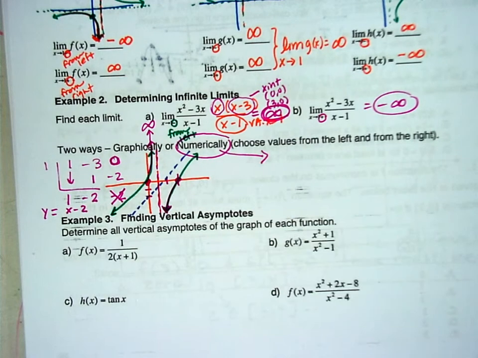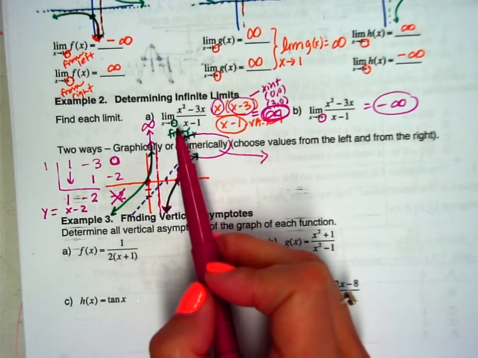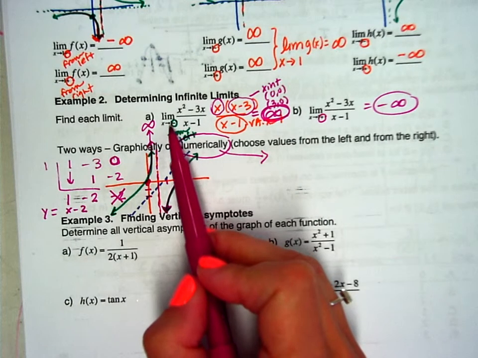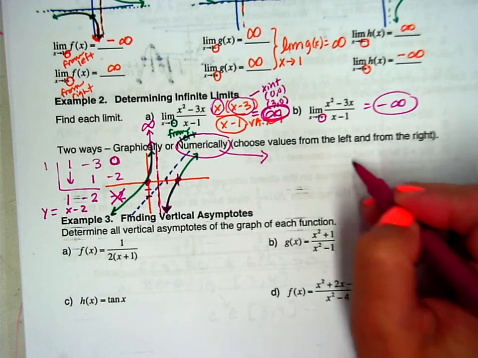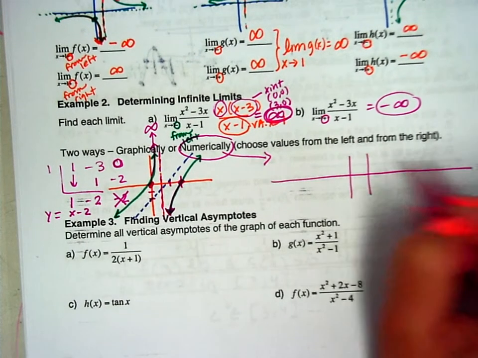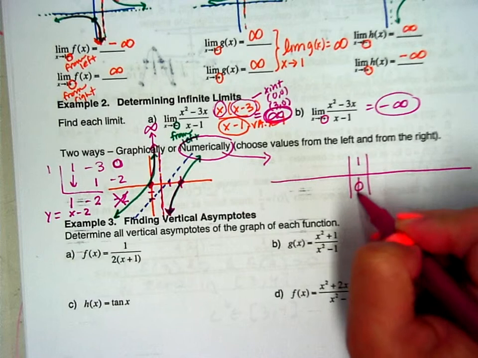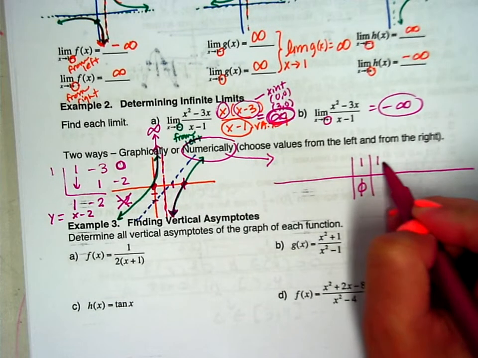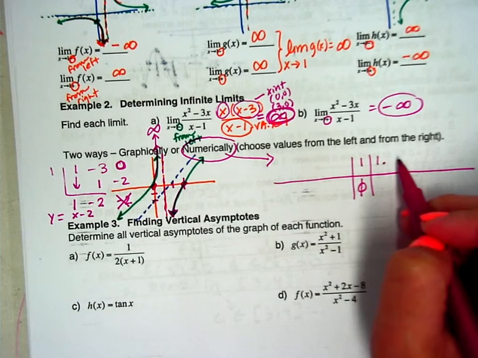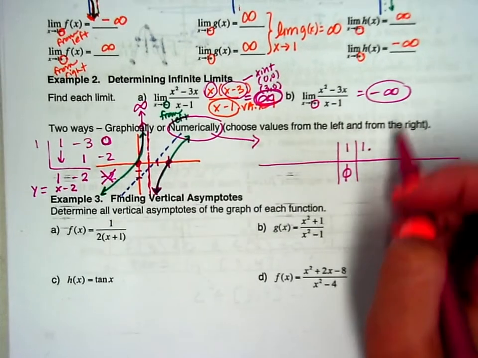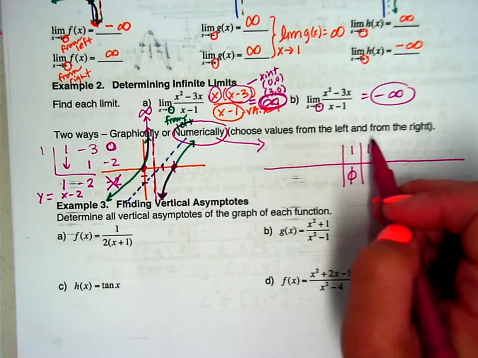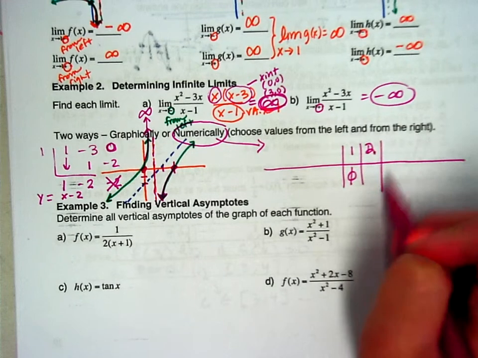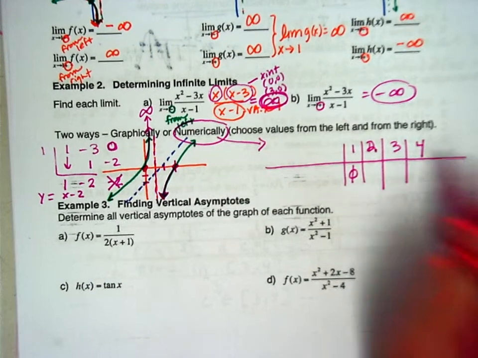But what do I mean here by numerically, choosing values from the left and from the right? Well, what you would do is pick values that are close to 1 from the left and close to 1 from the right. So it's kind of like doing your table, right? At 1, I know it doesn't exist, but it's something like 1 point, and if you have a calculator, this is easy. If you don't have a calculator, you might want to pick other values, like just pick 2 and 3 and 4.